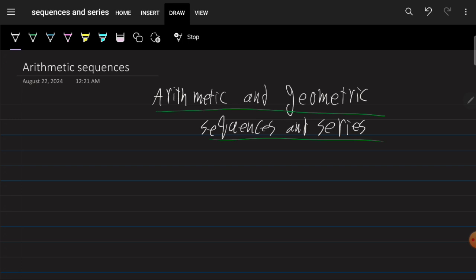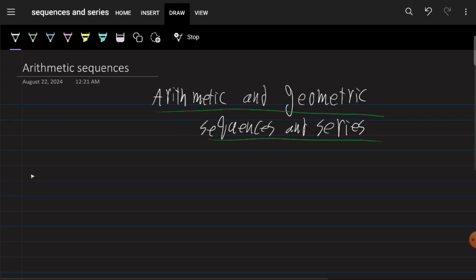So let's start with sequences. A sequence in math is essentially a list of numbers.